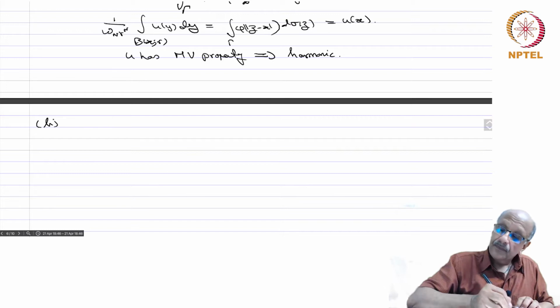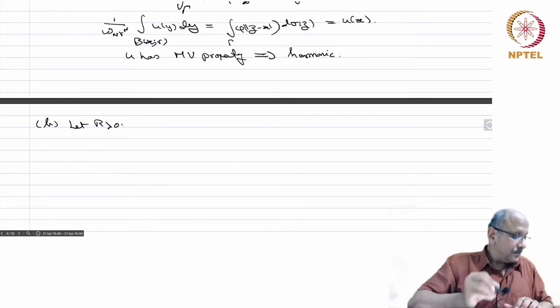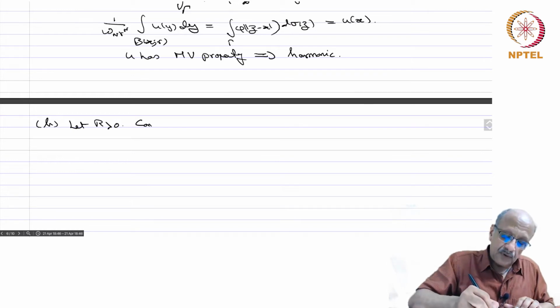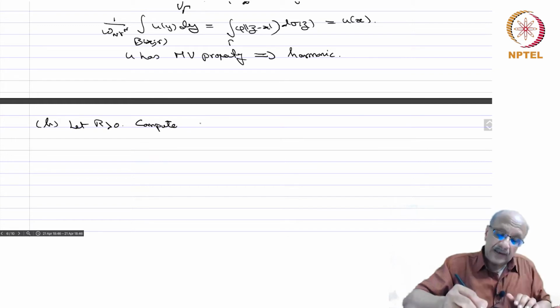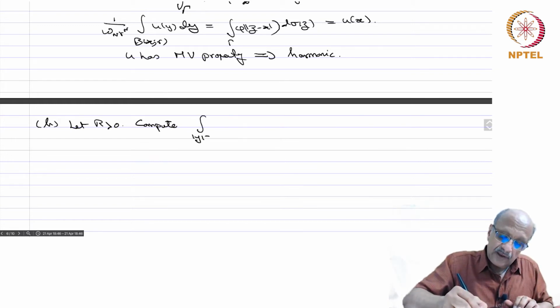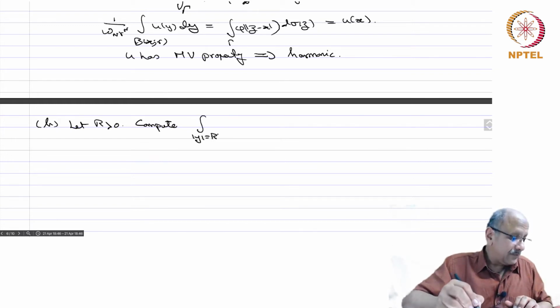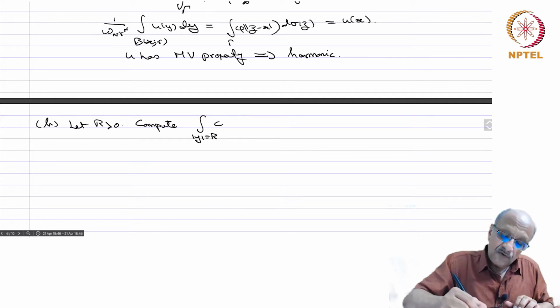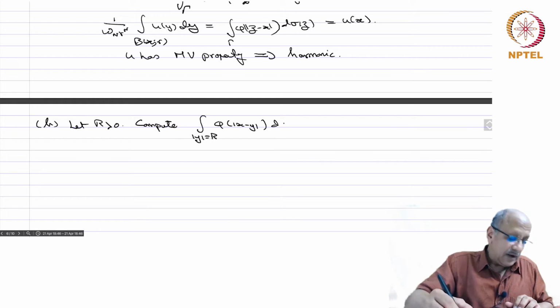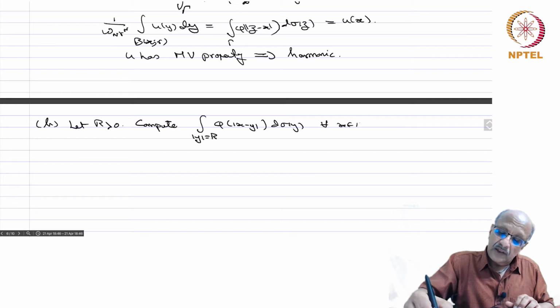B. Let r be greater than 0. Compute the integral over mod y equal to r of phi of mod x minus y d sigma y, for every x in Rn with mod x less than or equal to r.